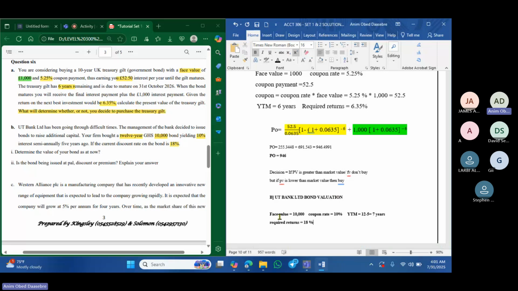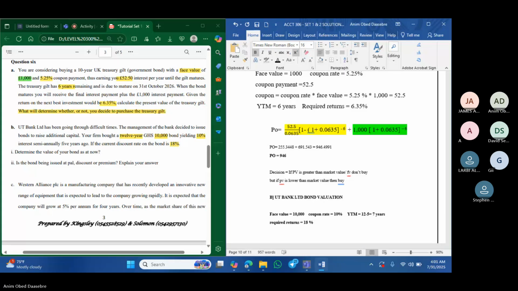So to find the semi-annual terms, you divide by 2. The years, you multiply by 2 to give us 14. And the required return is in annual terms, so we are going to divide by 2, the 2 periods that we are going to pay interest within the year.